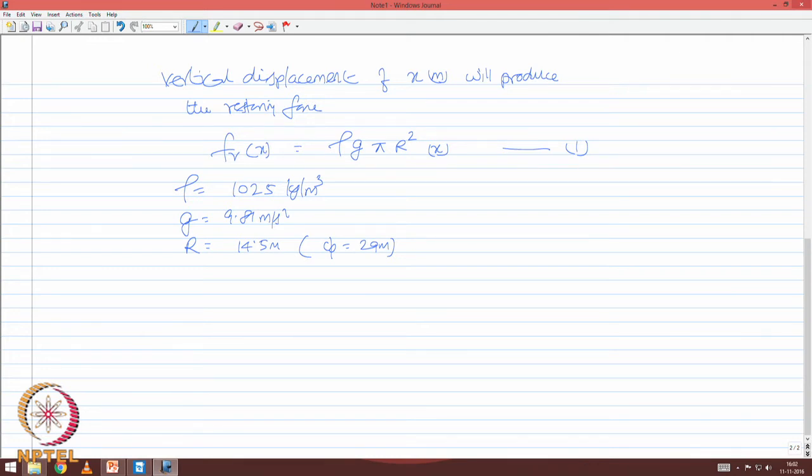So, I am interested to find stiffness, because you know frequency is actually root of stiffness by mass. So, to find stiffness, one can say it is actually the restoring force for unit displacement.